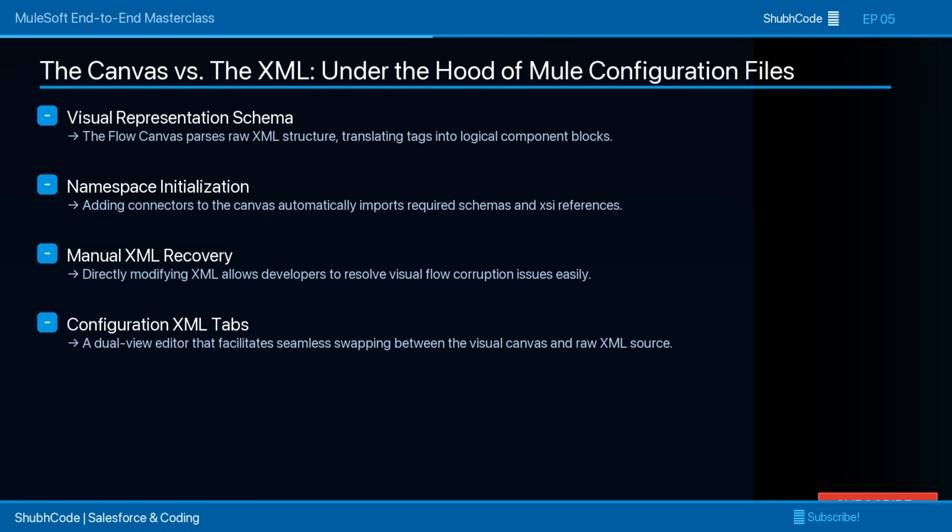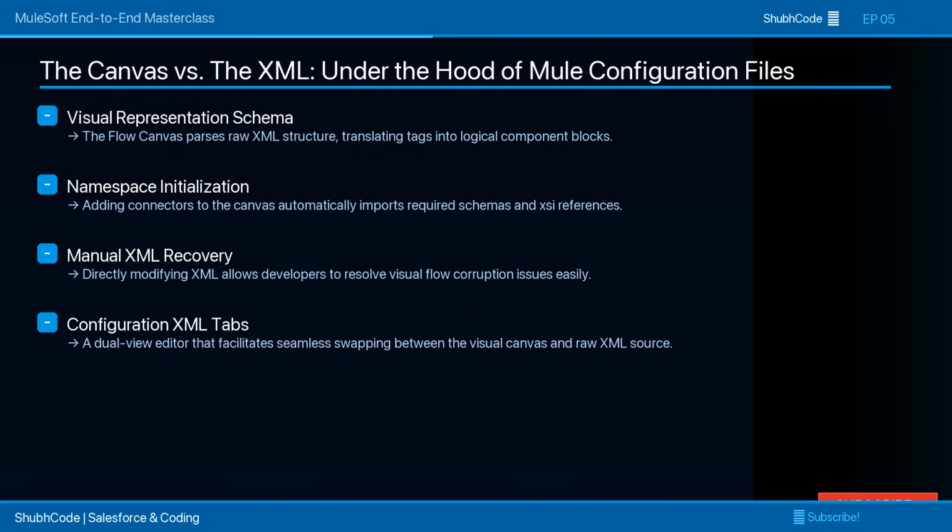Let's demystify the relationship between the visual drag-and-drop flow canvas and the underlying Mule configuration XML. The Mule canvas is simply a visual parser for a standard Spring-based XML layout. When you drag an HTTP listener or a database select processor onto the canvas, Studio silently updates the configuration XML. If you click the Configuration XML tab at the bottom, you'll see how every graphical connector maps to an XML element.